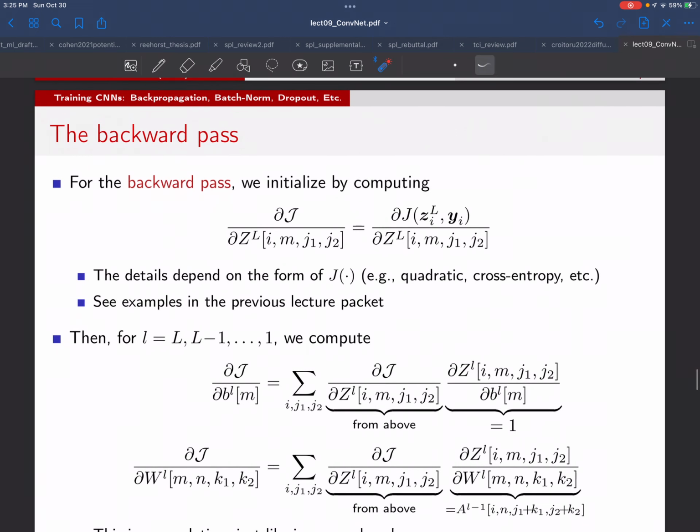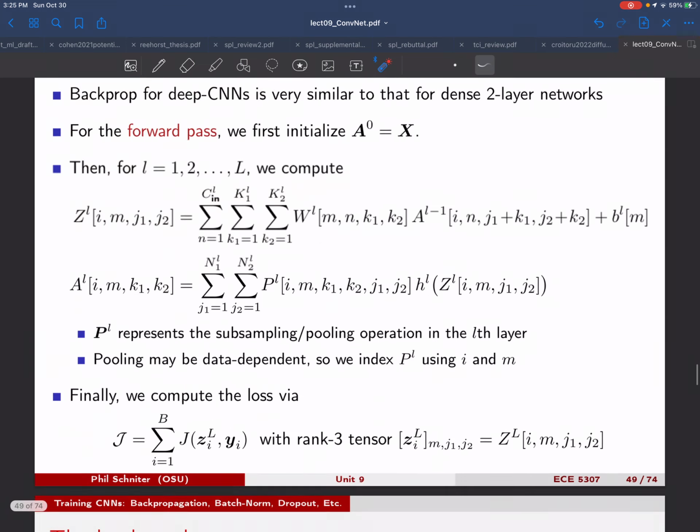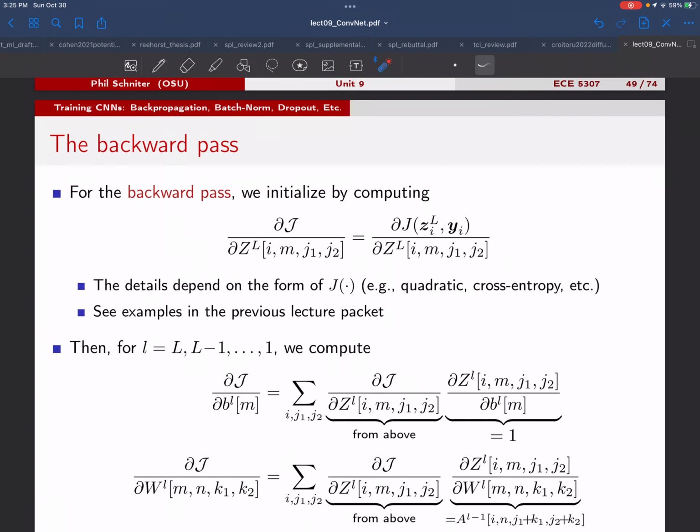The first thing we have to do in the backward pass is take the derivative of the final cost with respect to the final scores. So that's dJ/dZL. And of course, this is a four-way tensor. When we do our calculus, we want to do calculus with respect to just scalars, so I'm going to look at one particular element in that four-way tensor: the element that corresponds to batch index i, output channel m, and output pixel pair j1, j2.